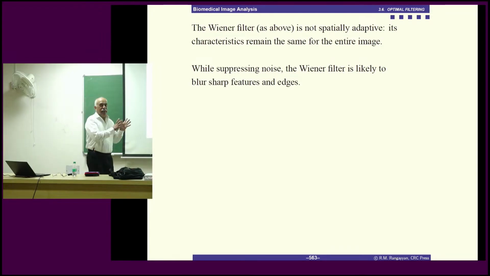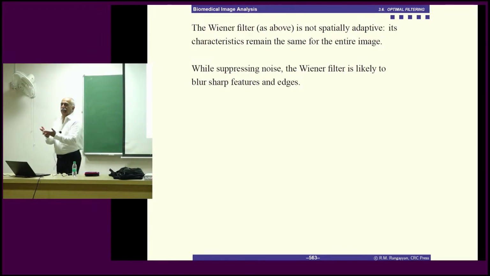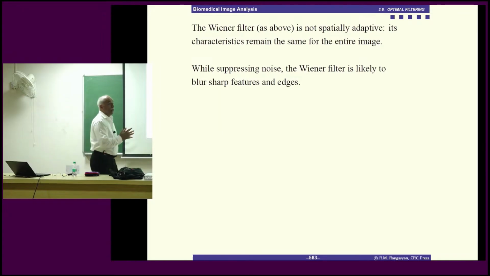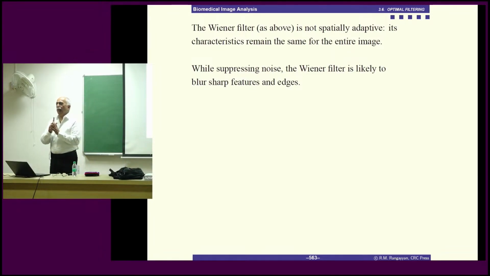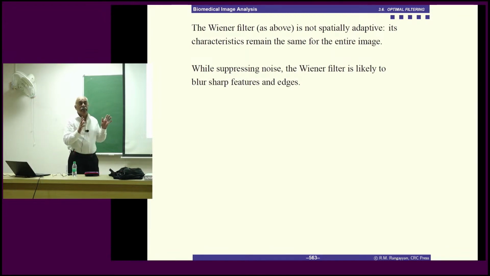The Wiener filter has nice theory. We study it in communication theory, DSP, and so on, in 2D also, but there are limitations. It is not adaptive. It is a linear shift invariant filter with one impulse response or one frequency response for the whole image. For a mammogram, fine, there is some variation, but not that much.